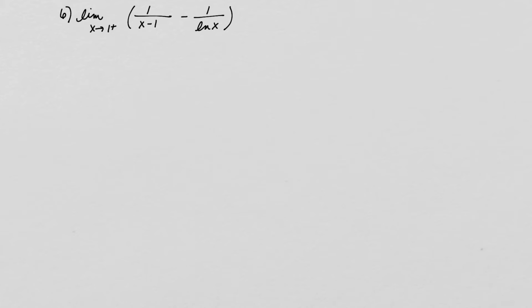If I try to plug in, we end up with 1 over 1 minus 1 minus 1 over the natural log of 1, which is 1 over 0 minus 1 over 0. That's how I ended up with infinity minus infinity: 1 divided by something approaching 0, really tiny, is going to be super big.